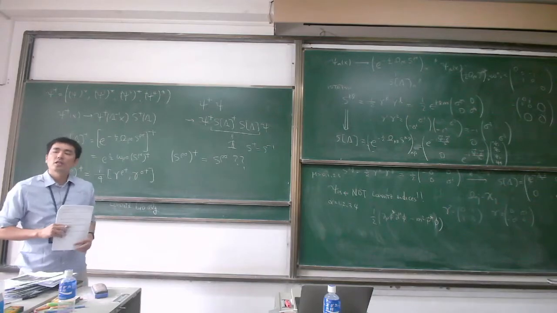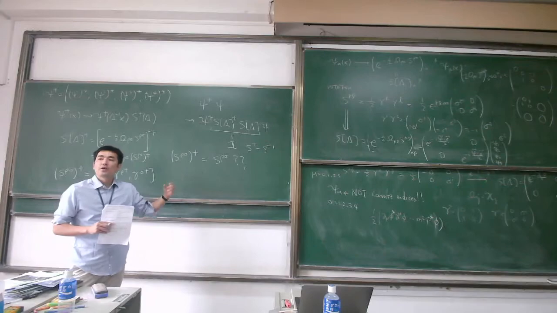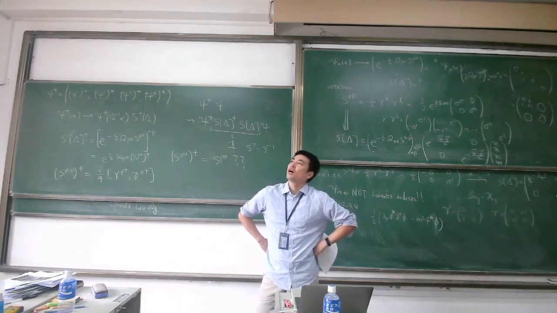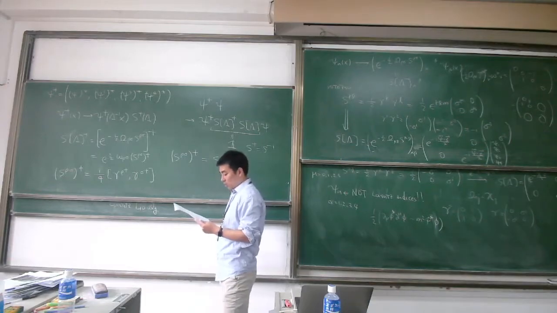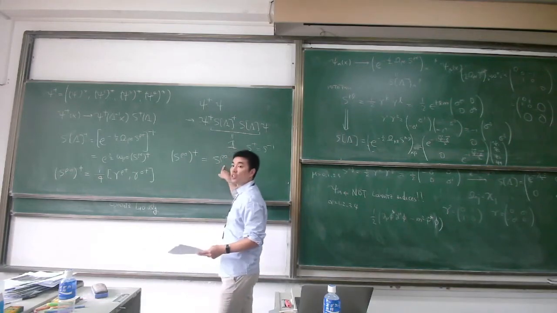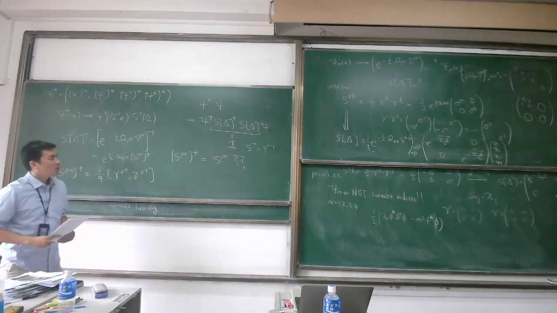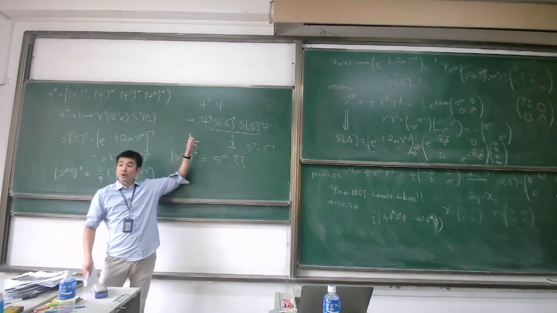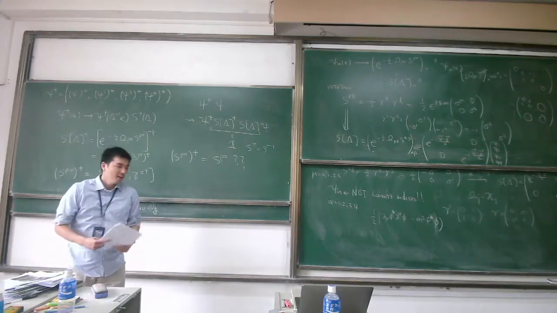Anti-Hermitian means that the eigenvalues should be purely imaginary. Wait, there should be a minus. No, it's Hermitian, sorry. It's Hermitian because the eigenvalues should be purely real. Sorry.